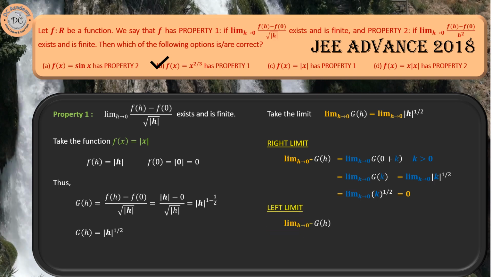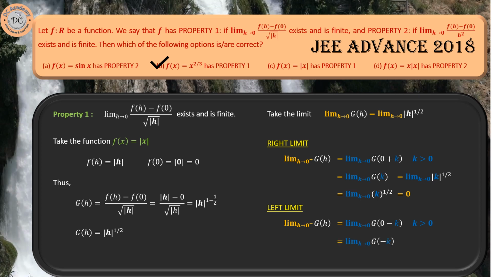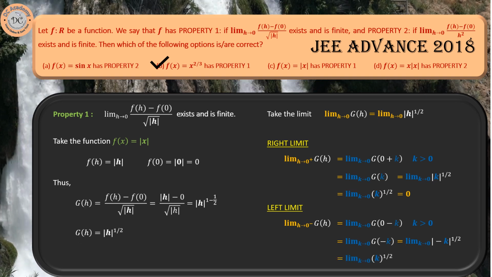For the left limit, we consider the limit h tends to 0 minus of g(h), which will be equivalent to, with the property that k greater than 0, g of minus k. So therefore, it will be mod of minus k whole to the power half. As I discussed earlier, it will again be k to the power half, which leads to 0 again.